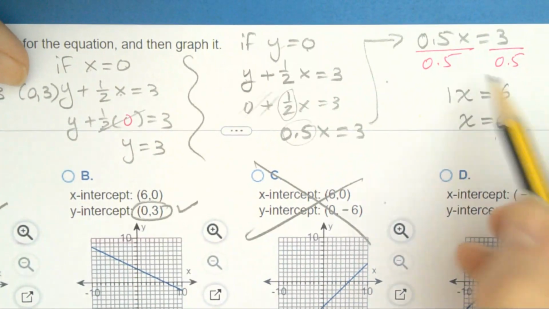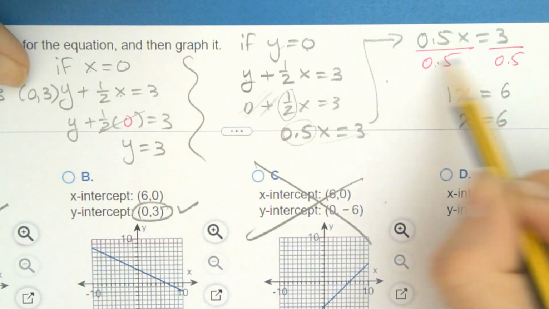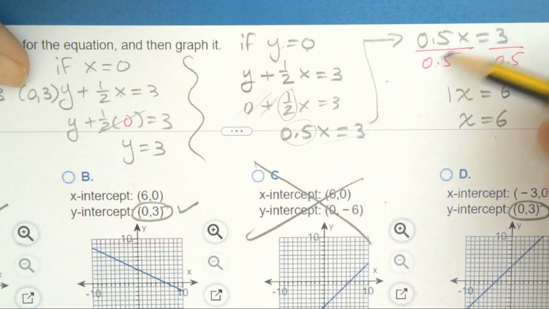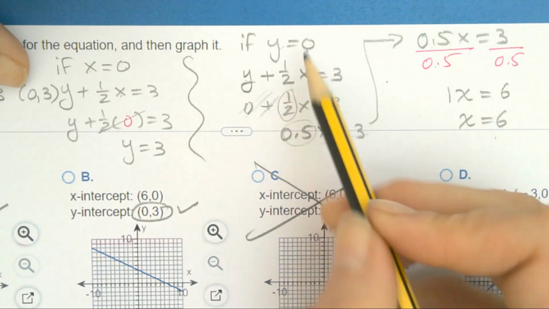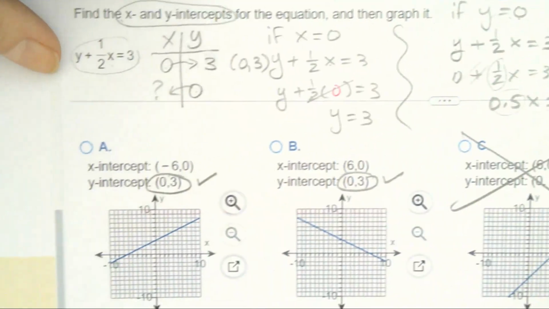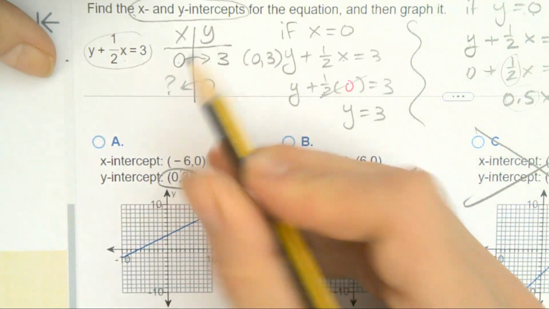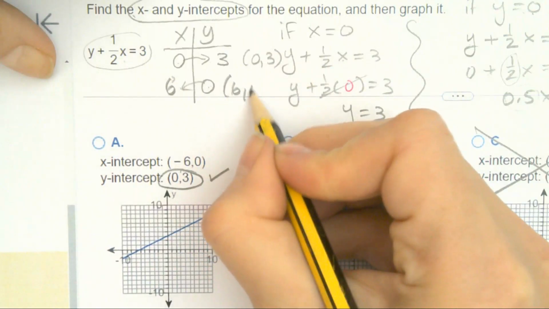Okay, so I wrote the same thing out and I got rid of the 0.5 by dividing both sides. This is same over same as 1. 3 divided by half is 6. So if y is 0, x is 6. So coming back to our table of values, when y is 0, x is 6. So our second point is 6, 0.